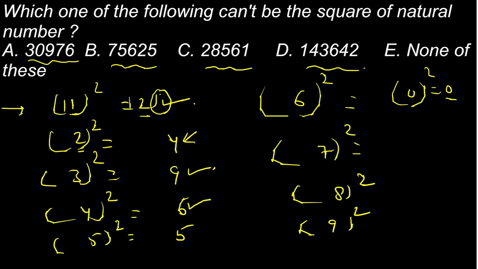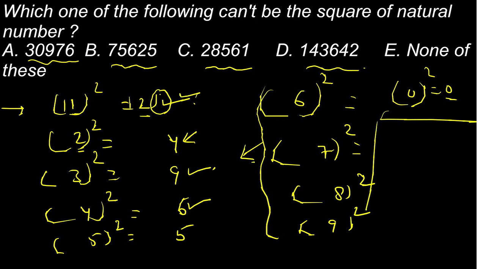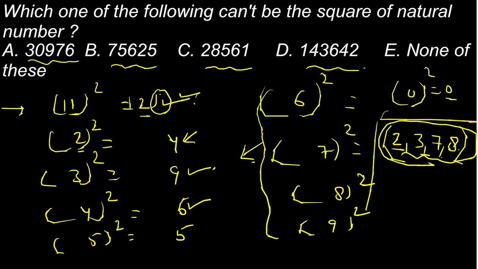You started to repeat the numbers. So what are the numbers which you are not getting right now? You got 1. You didn't get 2, and you didn't get 3. Did you get 4? Yes, 4 is there, 5 is there, 6 is there, 7 is not there, 8 is also not there, 9 is there and 0 is also there. So if you are having the square of any number, it cannot end on 2, 3, 7 and 8.